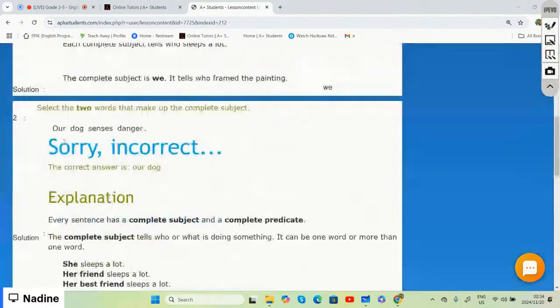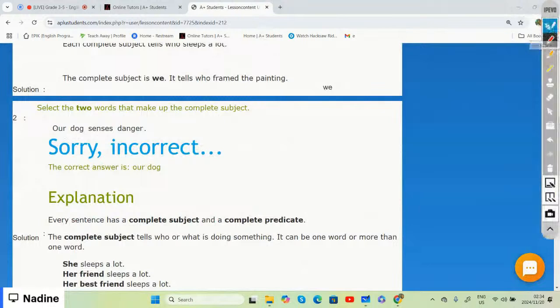We need to select two words that make up the complete subject. It says, our dog senses danger. What are the two words that make up the subject?